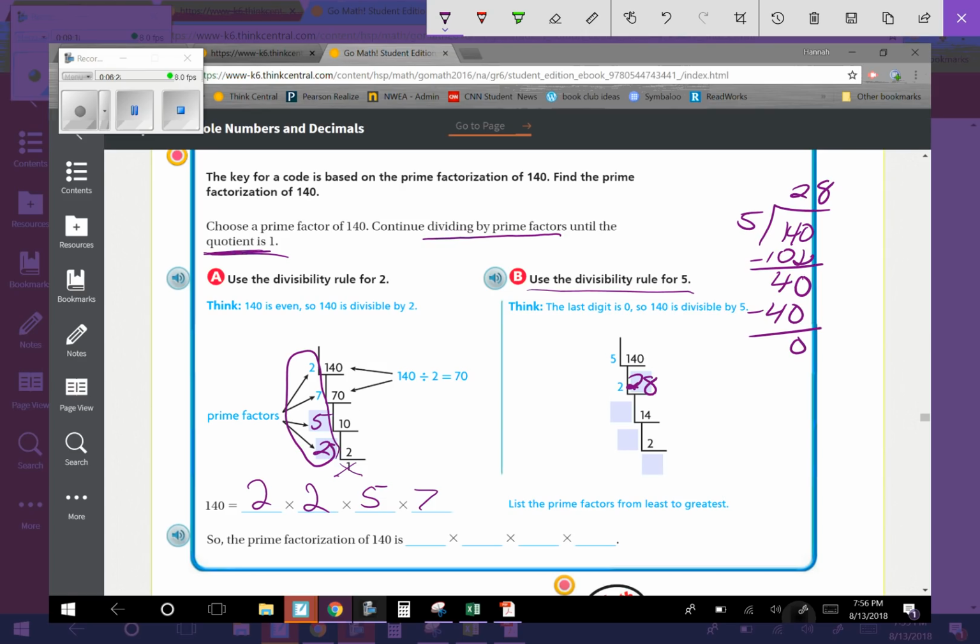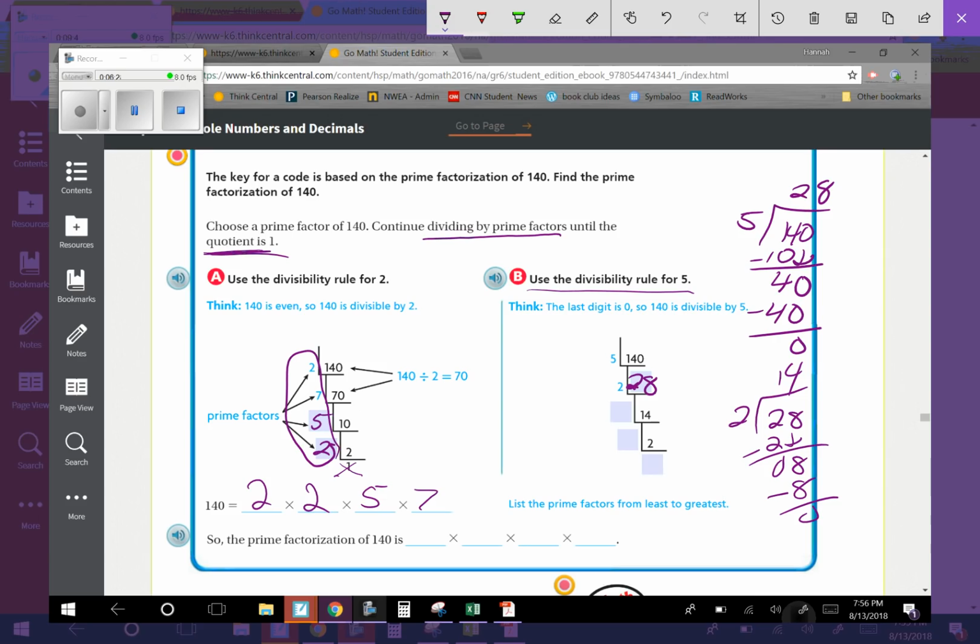So if I take 28 divided by, they gave me 2 here, so that's what I'm going to use. 28 divided by 2 is 14. 14 divided by what?